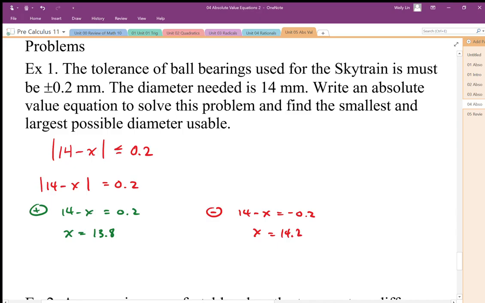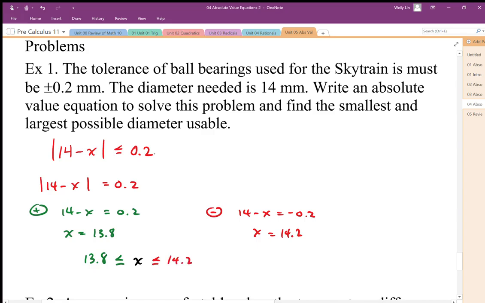So then my limits are going to be between 13.8, which is my lower bound, and it needs to be greater than or equal to that. And then my upper bound is going to be 14.2, so it needs to be less than or equal to 14.2.